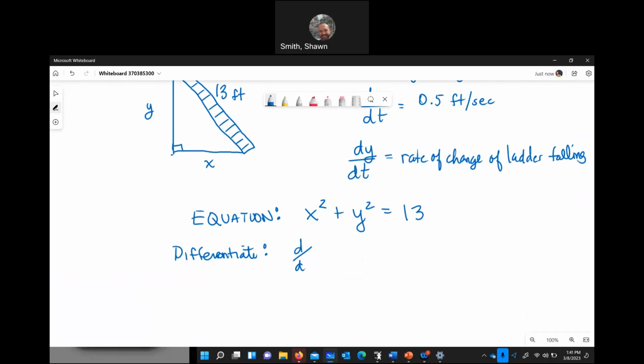The derivative with respect to time of x squared plus y squared equals the derivative of 13 squared.